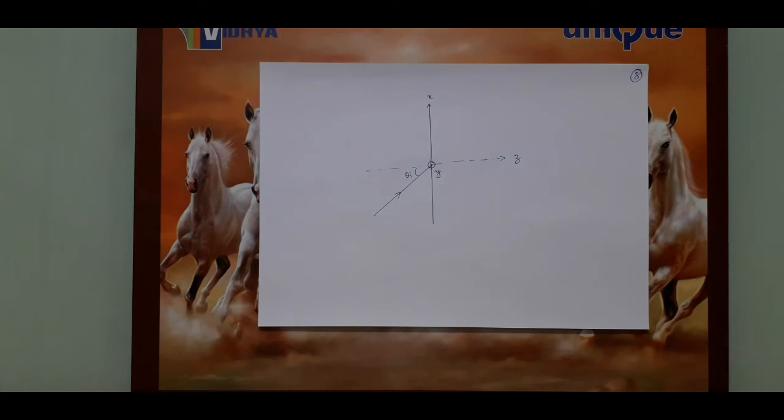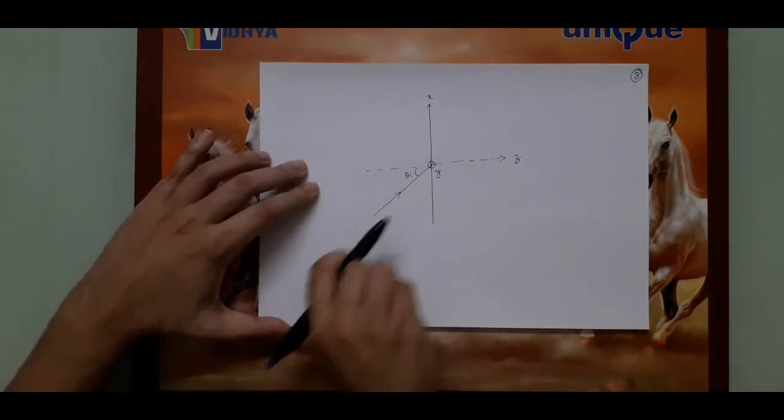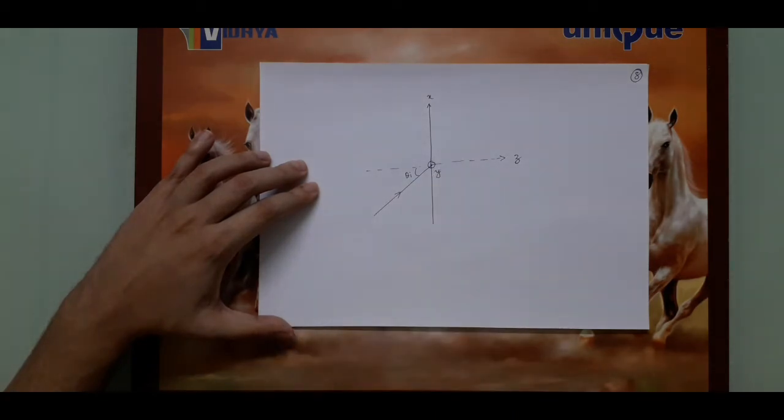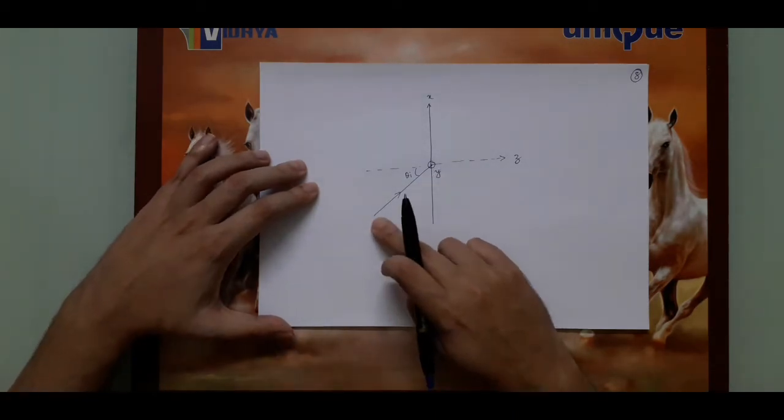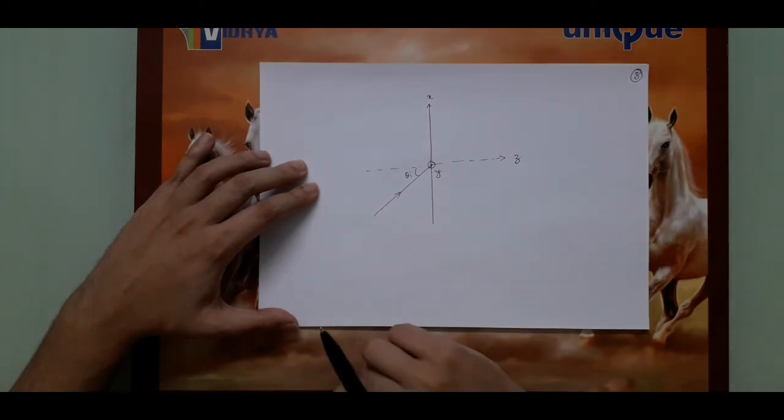Now we know that if the wave is traveling this way, then the E and H fields will definitely be perpendicular to the direction of propagation.